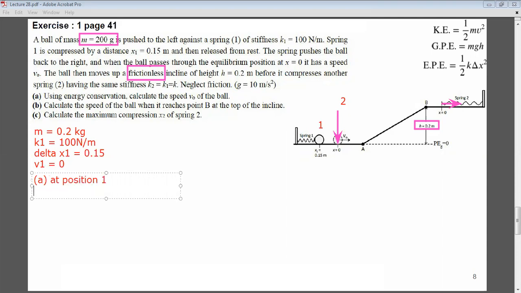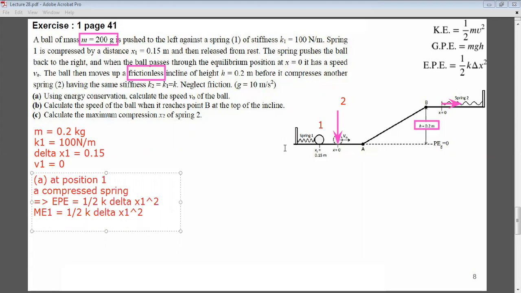We have a compressed spring, which implies there is EPE, which is half K delta X1 square. It's at rest, so there is no kinetic energy. It's at height 0, so there is no GPE. So mechanical energy 1 is equal to half K delta X1 square.